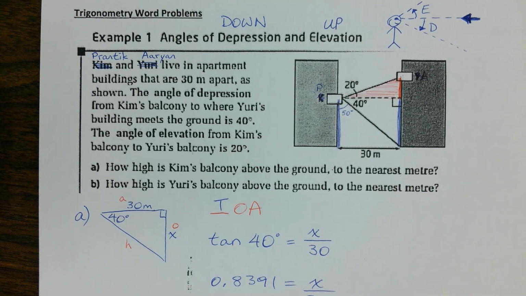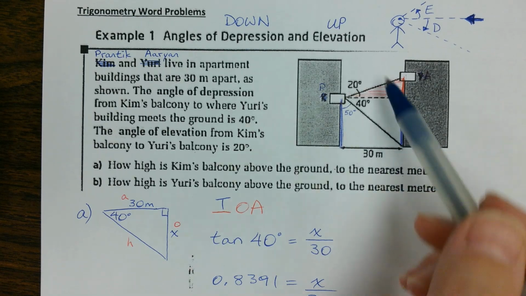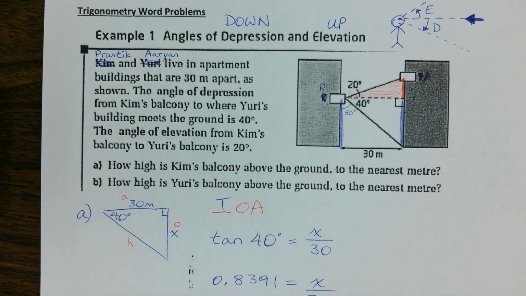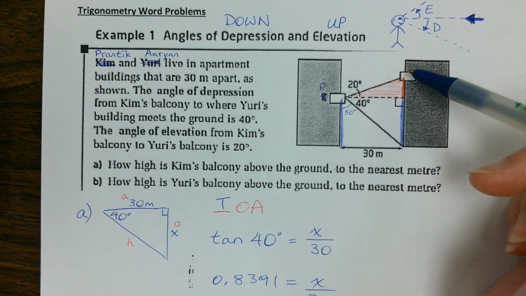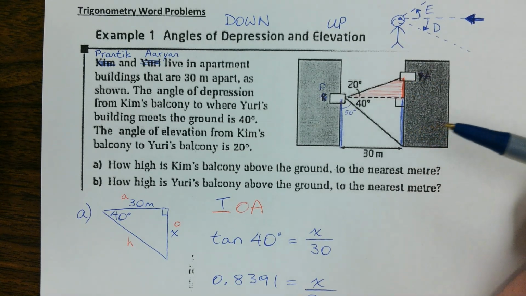You don't know the length of this side or the side. You can't, because the 30 to the height of the building, that's a right angle. Otherwise the building would be crooked. That's why we use SOHCAHTOA. We use sine law and cosine law when it's not a right angle triangle. In this case we don't have enough information to use sine law.